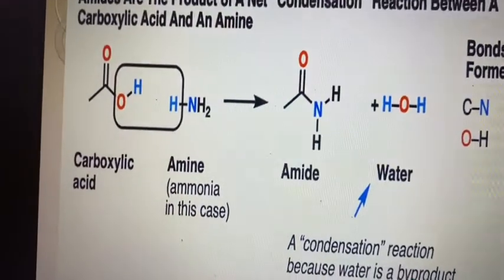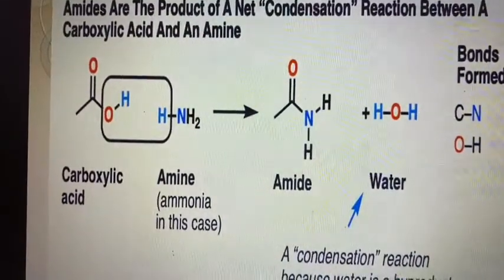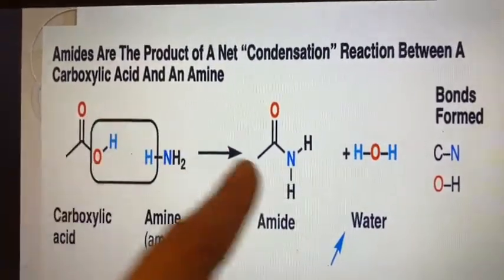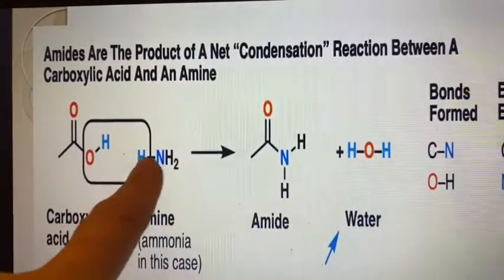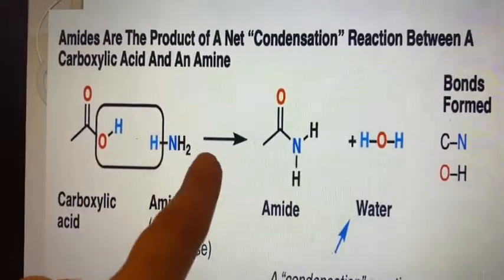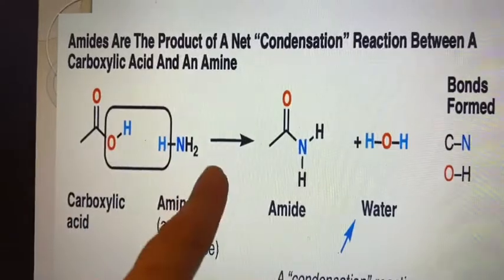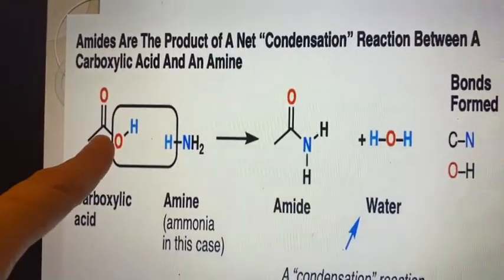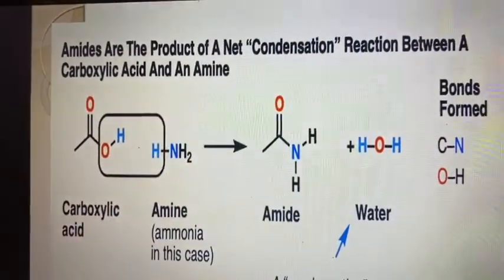To make the nylon, we need to make the amide link. The amide link is not made unless the water molecule is eliminated. That's why we need these two molecules to have active groups: the carboxylic group here, and the amine group here.